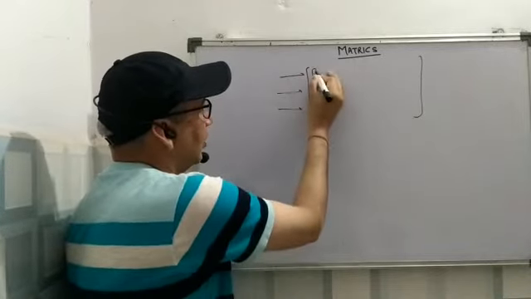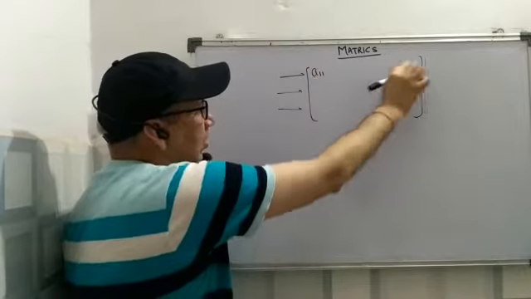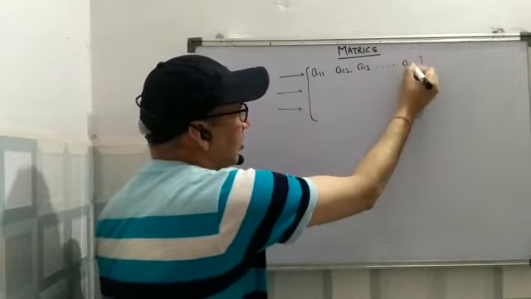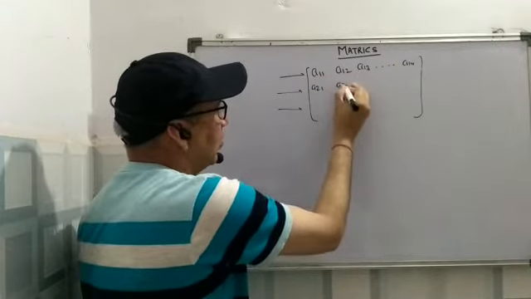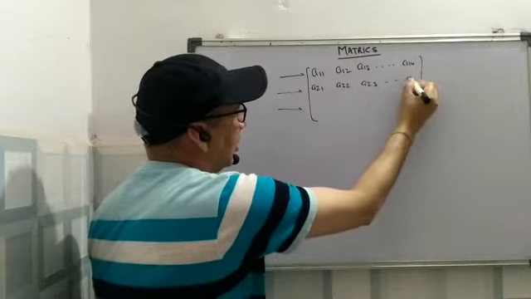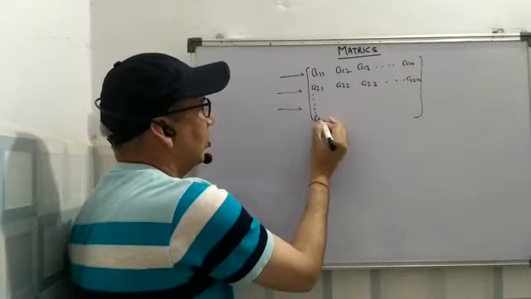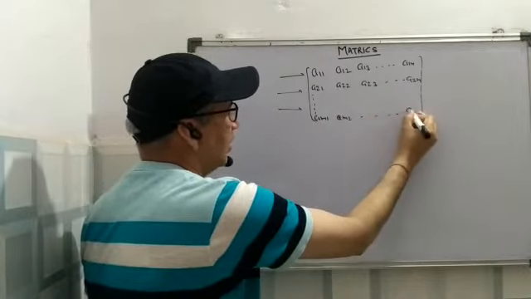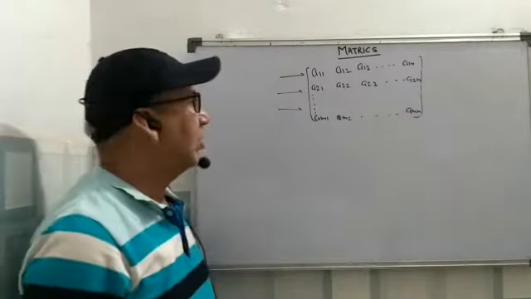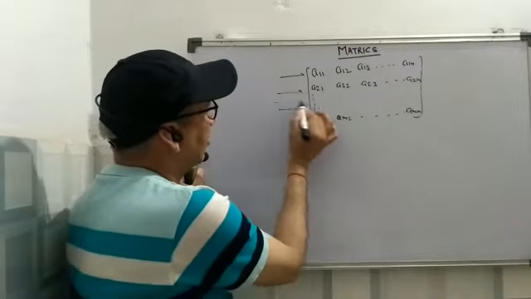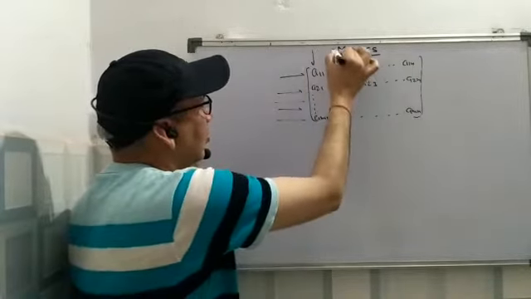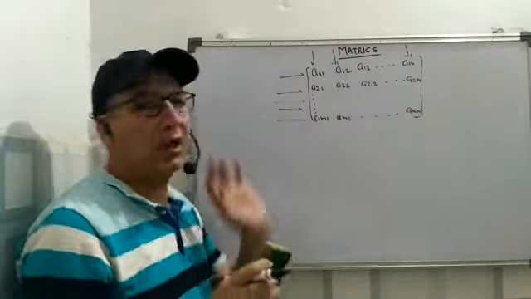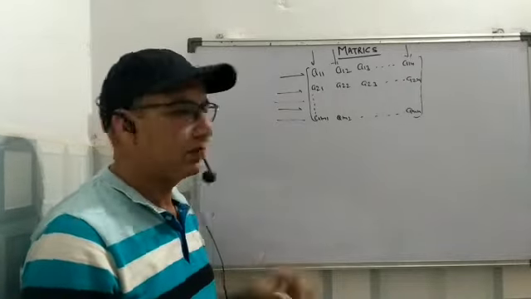So this data is known by the name elements of the matrix: A21, A22, A23, and so on, Am1, Am2, that is Amn. You can see that we have some rows and some columns. These vertical are the columns and the horizontal are the rows of the matrix.